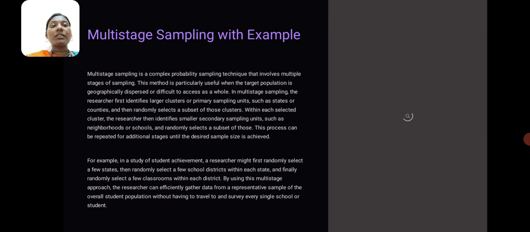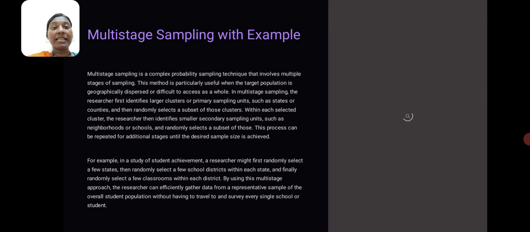Now, multiple stage sampling with example. Multi-stage sampling is a complex probability sampling technique that involves multiple stages of sampling. This method is particularly used when the targeted population is geographically dispersed or difficult to access as a whole. In multi-stage sampling, the researcher first identifies larger clusters or primary sampling units, such as states or countries, and then randomly selects a subset of those clusters.